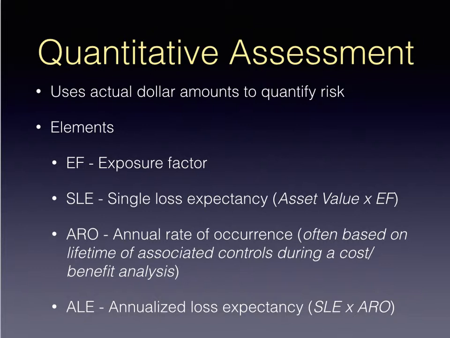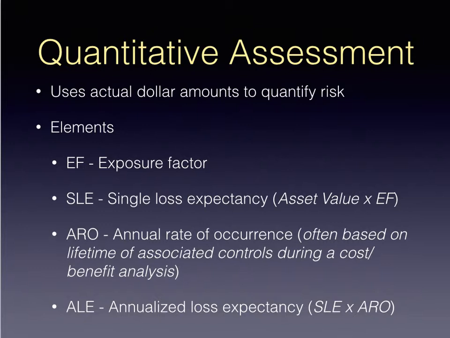That doesn't mean that we ignore quantitative information. As we'll see later, we use the quantitative approach somewhat when conducting a qualitative assessment. But anyway, in a quantitative assessment, there are 4 components.